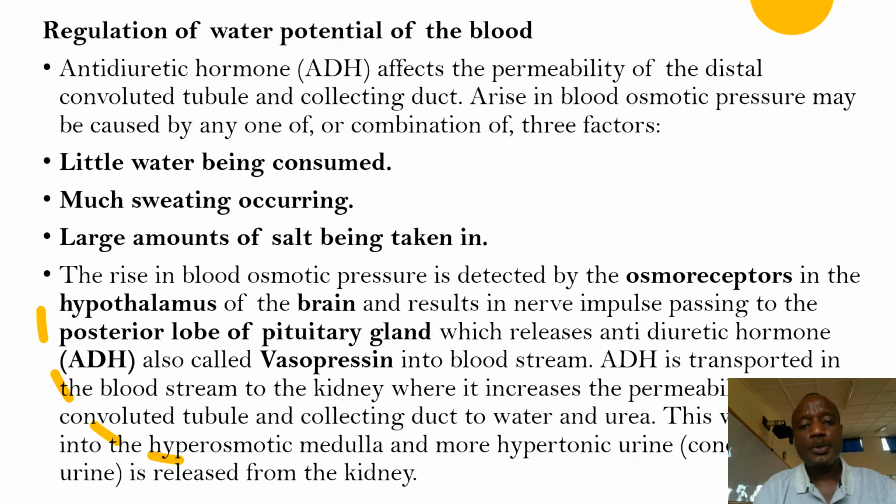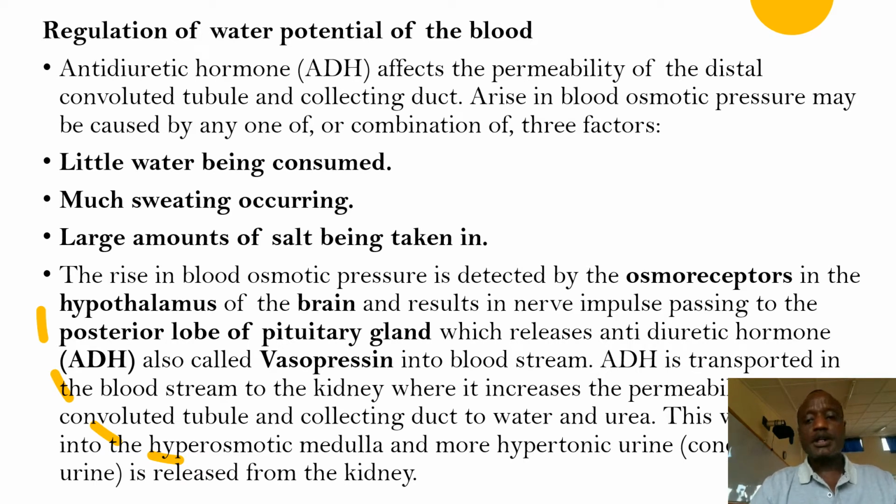When we talk about osmoregulation, basically we are talking about the balance of water content and the ion content in blood. So let us now start with this. We are going to see how the water potential of blood is regulated in our body.